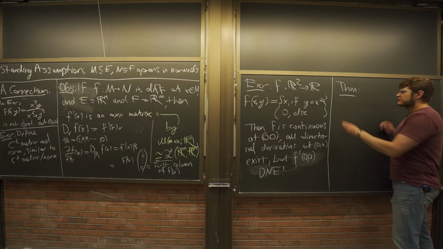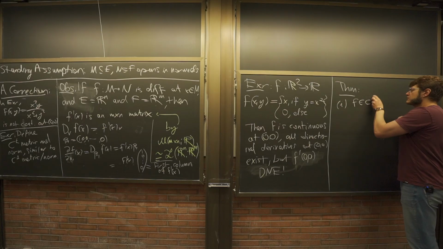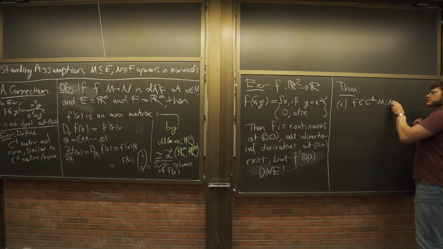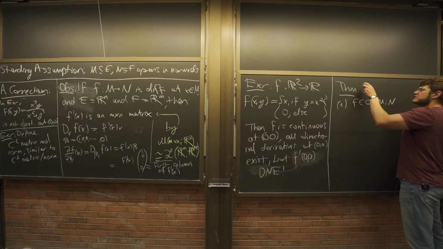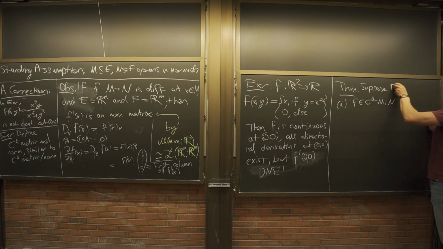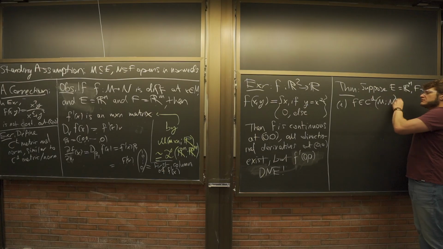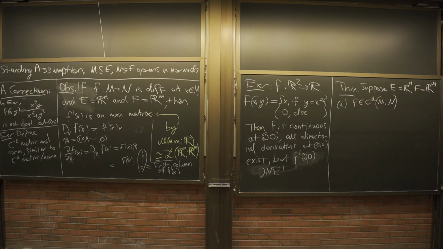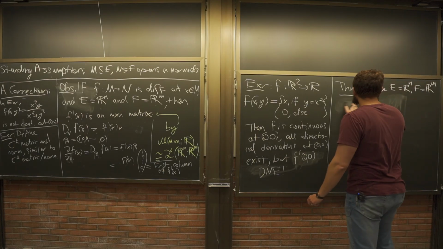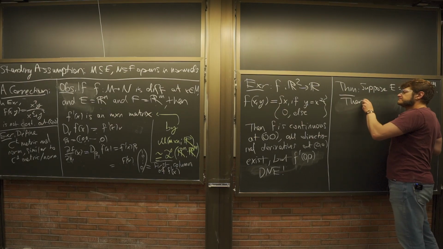So let me write it like this. Suppose E is Rn and F is Rm. Then f is in C1 between these two subspaces, or subsets.